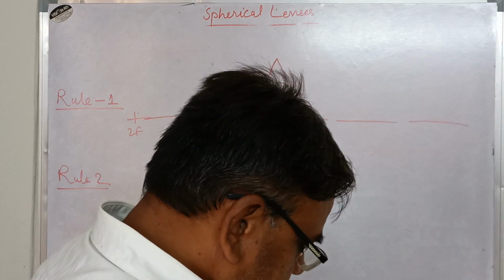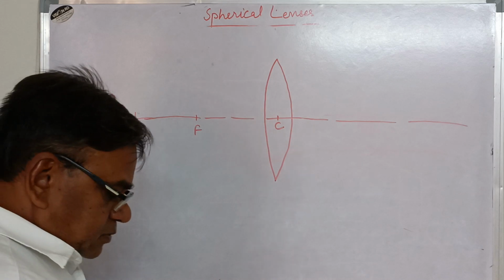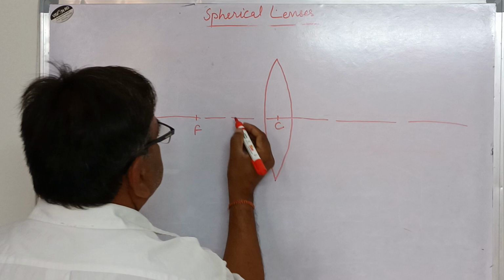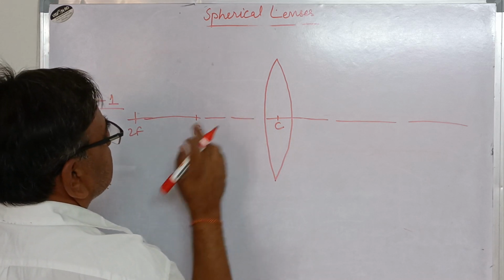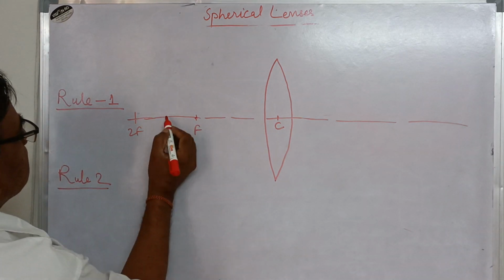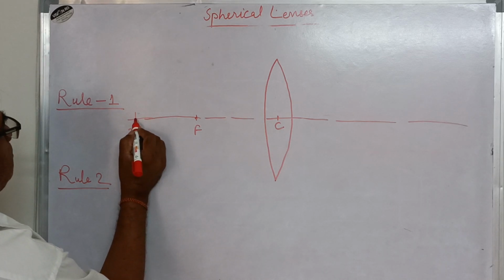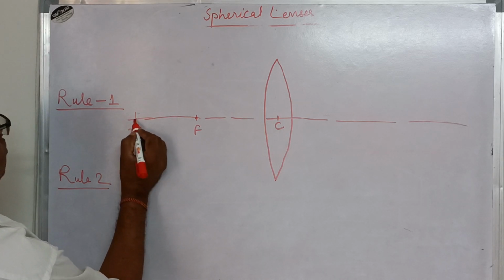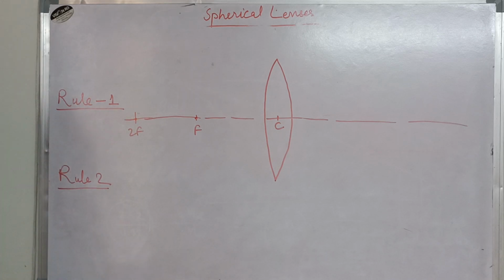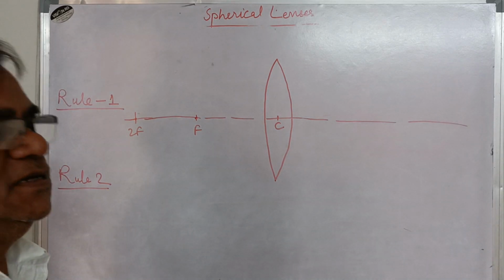The first case is the object is put between the optical center C and focus F. Second case, the object may be at F. Third case, the object may be between F and 2F. The next case, the object may be at 2F, and another case, beyond 2F, and the next one, the object is at infinity.